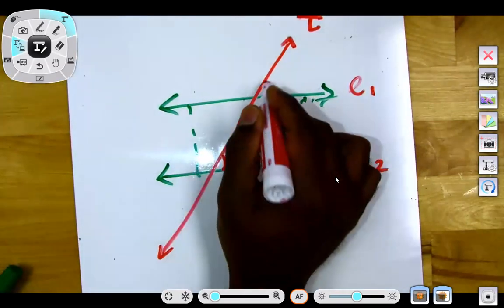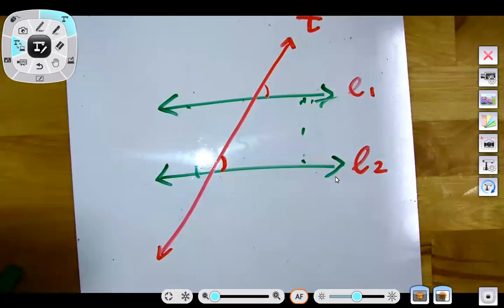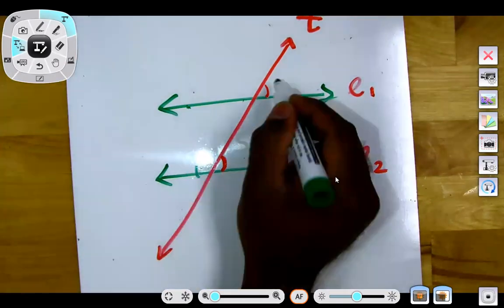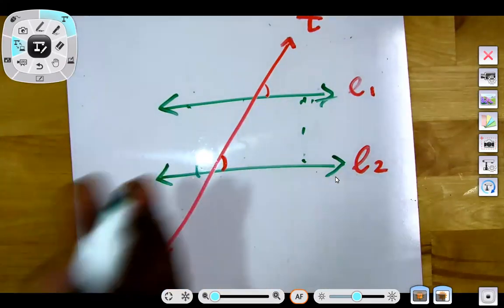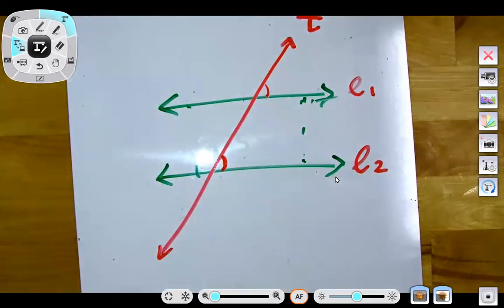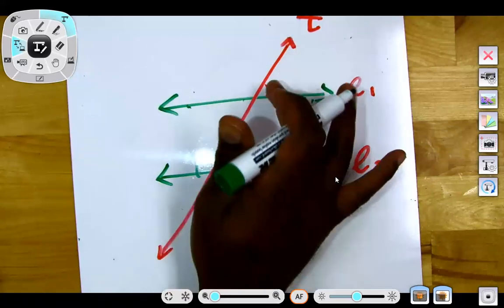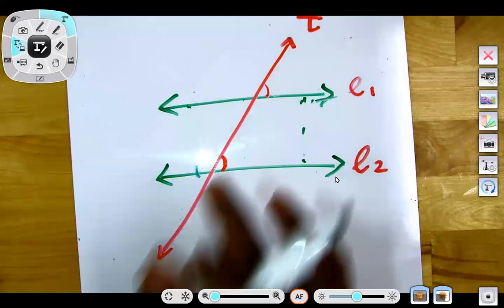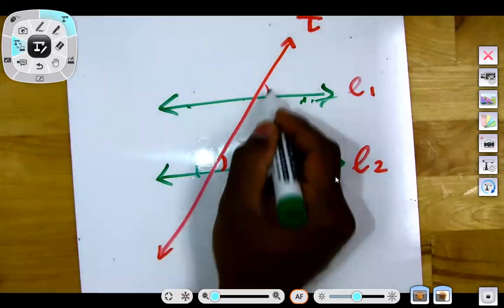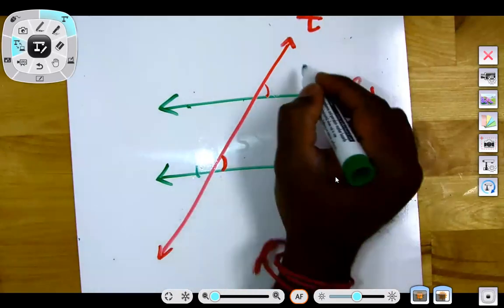These two angles, same as these two angles: if you have two parallel lines and there's a transversal going through it, on the same side of the transversal, and the angles are identical, that's called corresponding angles.